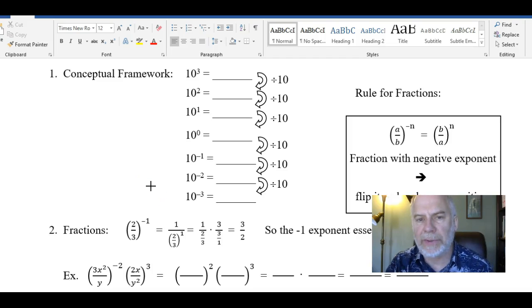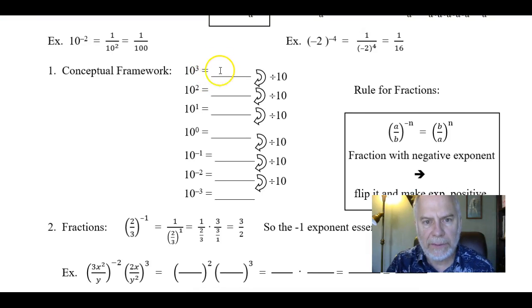In order to let you see the concept a little bit better, you could look at this example. And so what is 10 to the third power? Well, clearly 10 to the third power is 1,000.